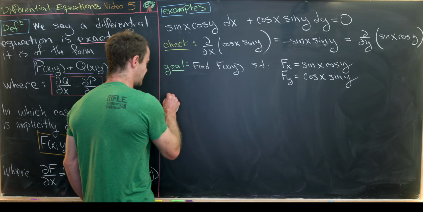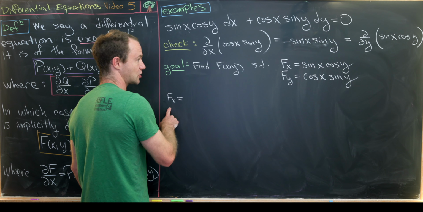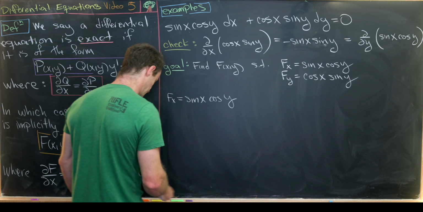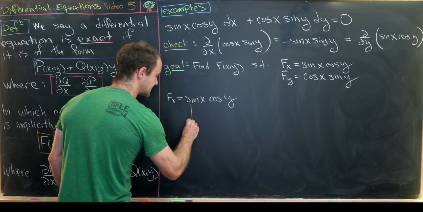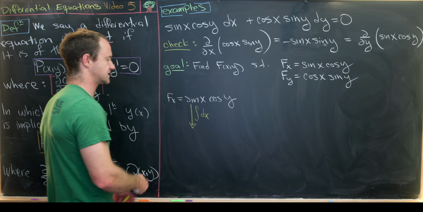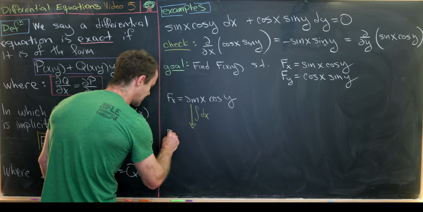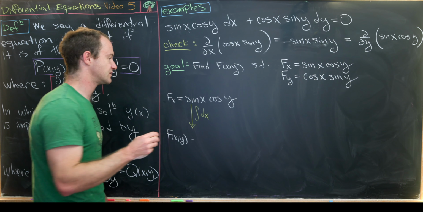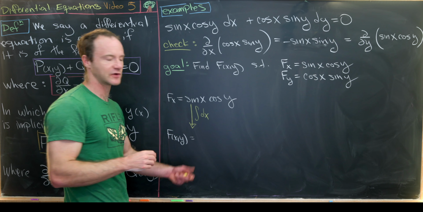So we'll start with this f sub x. The partial with respect to x is sine x cosine y. And we'll take the antiderivative of that with respect to x. So I'll just write that with this little integral symbol. So that's going to tell us that f of x, y is equal to, well, the antiderivative of sine x is negative cosine x.